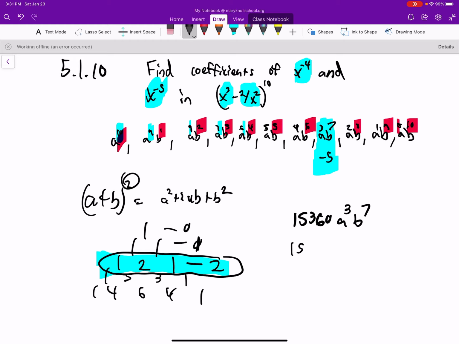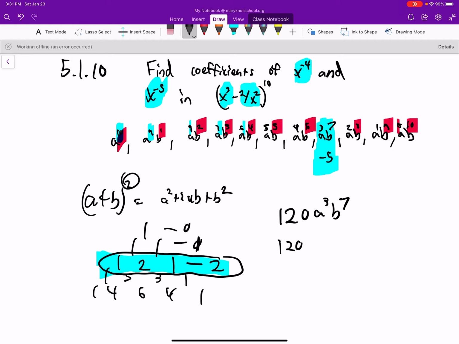That's actually the answer to the 10th. Okay, so that's actually going to be 120. 120 a cubed b to the 7th.